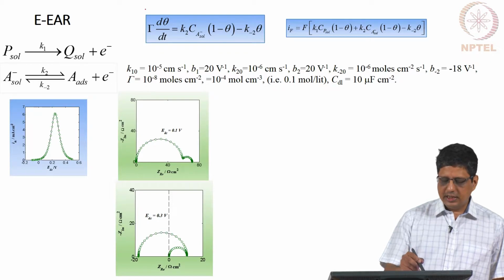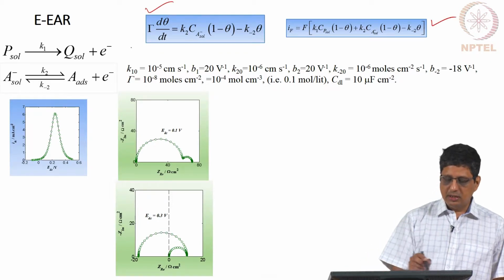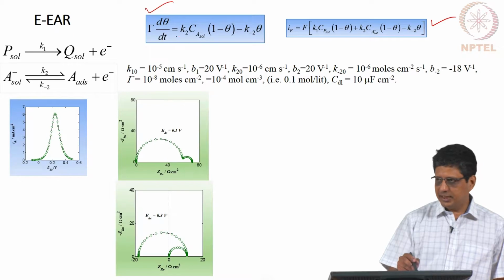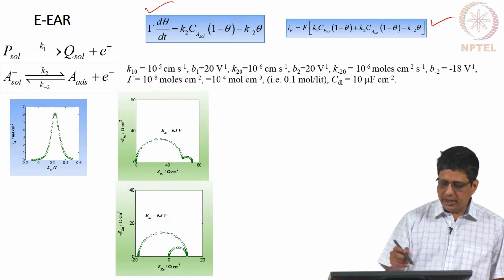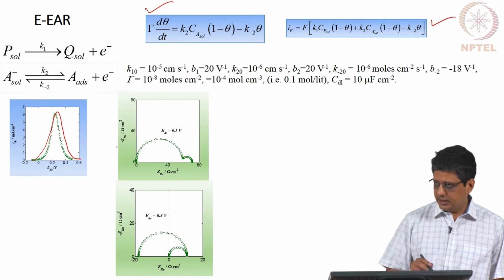We have written the mass balance equation and the charge balance equation. The mass balance equation tells us how theta, the surface coverage of adsorbed A, varies with respect to time when the rate constant, concentration in solution, etcetera, are varied. For a set of parameters we showed that the current increases and then decreases.